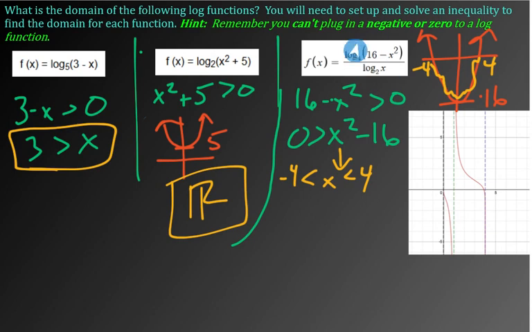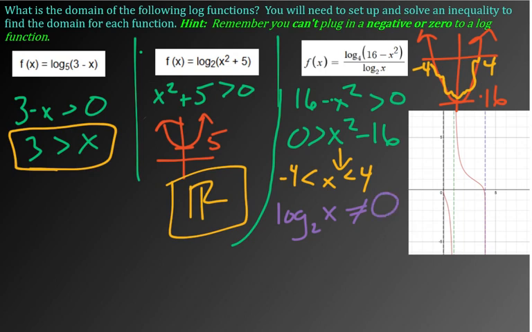But you have a fraction, right? And you need to be careful whenever you get a fraction, you don't want to divide by 0, right? So because of that, we need log base 2 of x not to be 0, right?